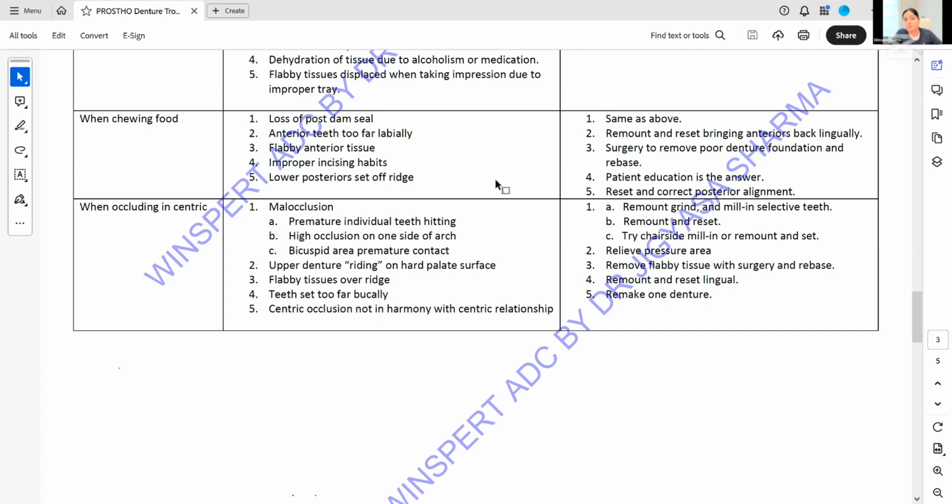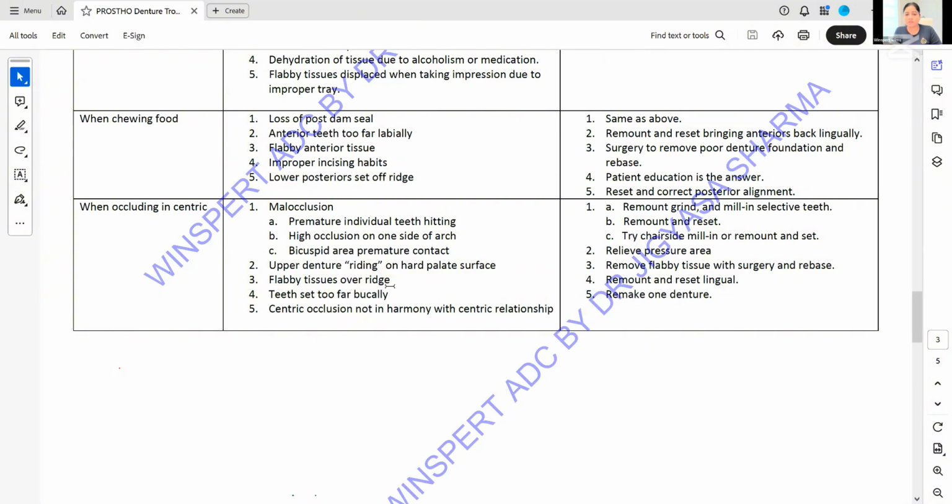Now, when the denture is loose when the patient is occluding in centric, is again the bilaterally balanced occlusion missing during your centric relationship. So prematurities would be there. High occlusion can be on either one side, or some area would have a premature contact. Again, any malocclusion, any prematurities will be addressed on the articulator and with your selective grinding.